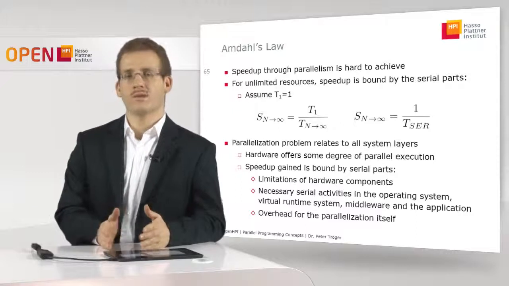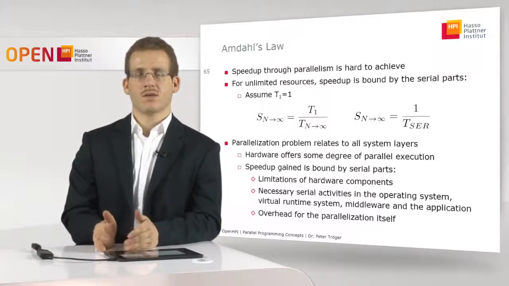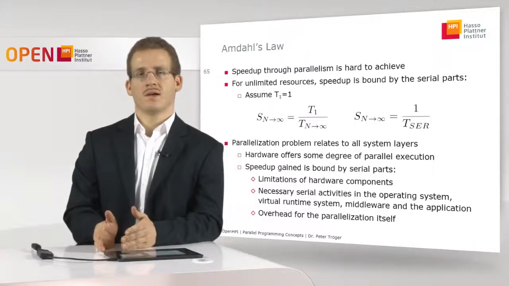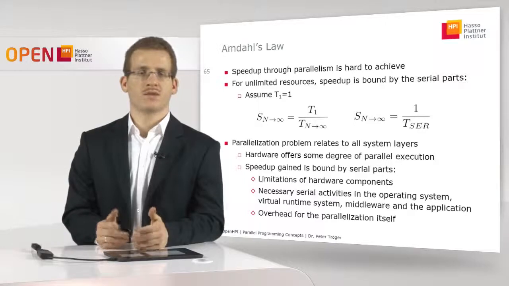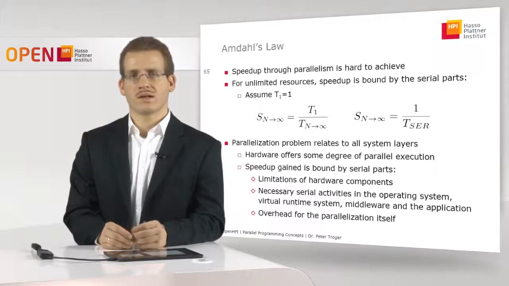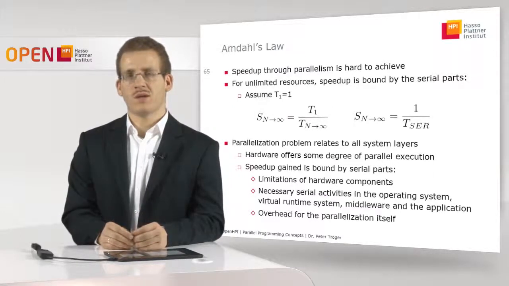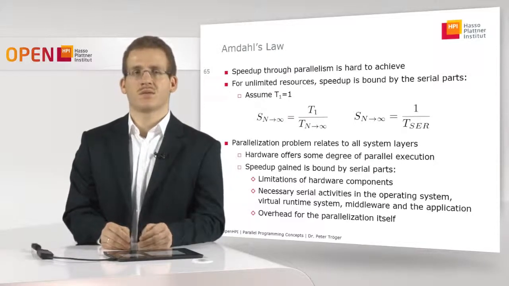So how good you are in the parallelization doesn't matter, since the overall execution is still bound to the serial parts you have to execute anyway. If you imagine a system with an unlimited amount of cores or processors, you can do all the parallel work in the minimum amount of time, but this doesn't save you from still doing all the serial parts you can't get rid of.